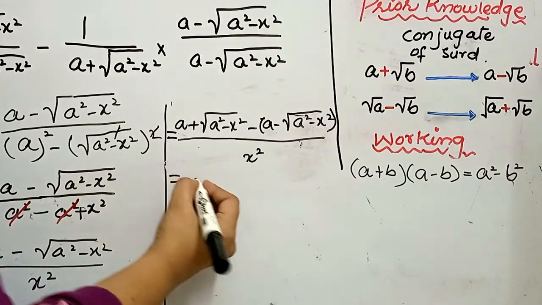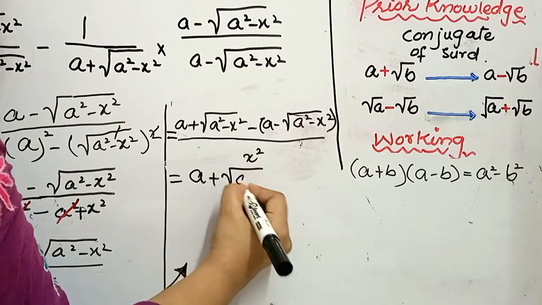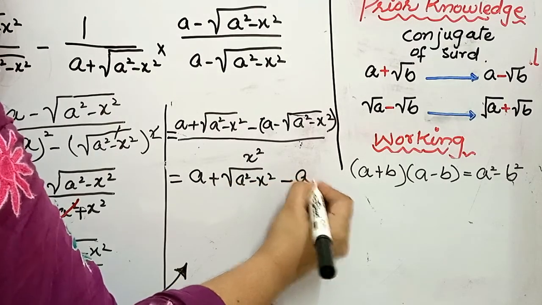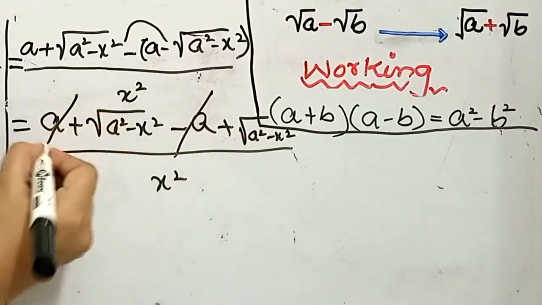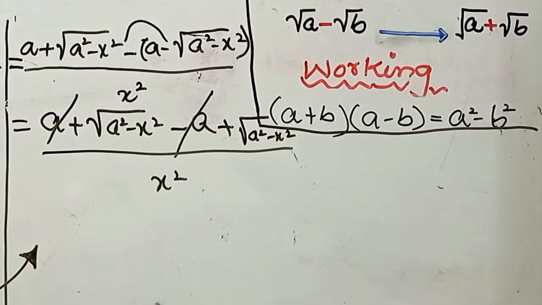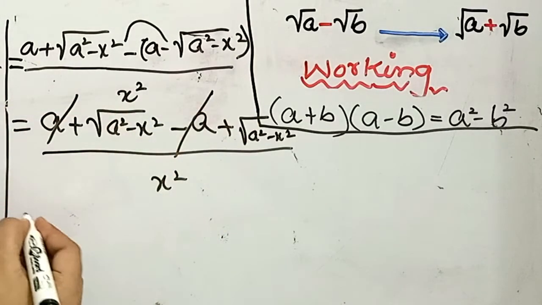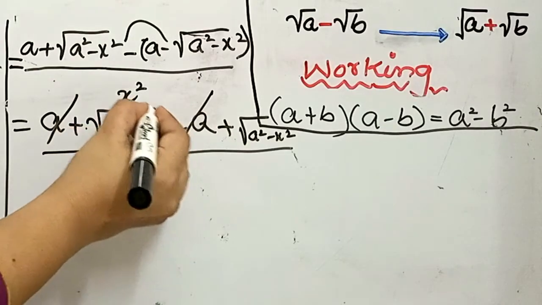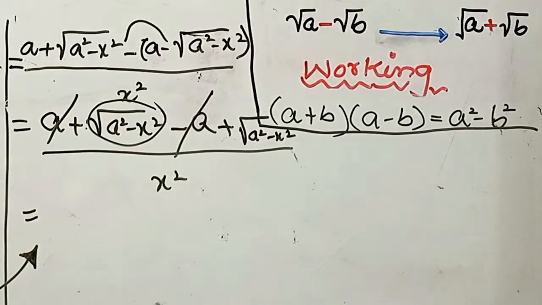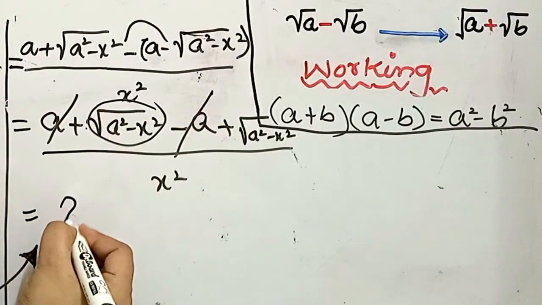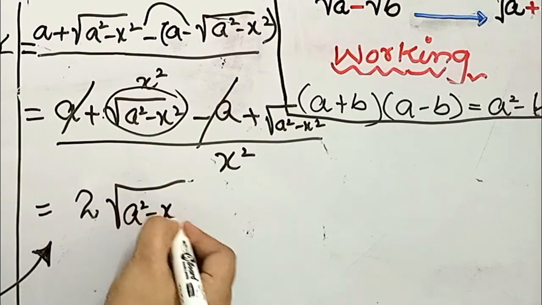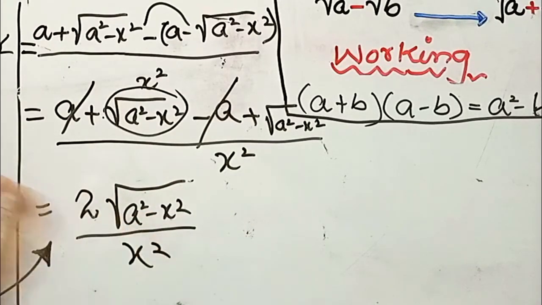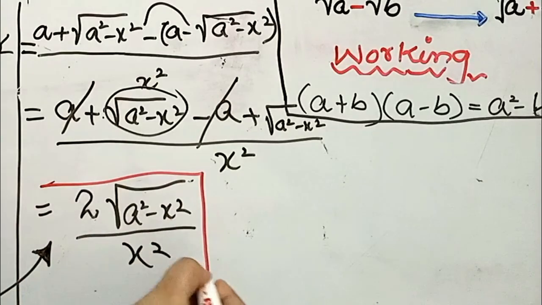When we open this bracket, minus a, minus minus plus, this will be cancelled. So we have 1. Consider this third term as one variable. There are two variables, so the coefficients are going to add. It will be 2 into a square minus x square by x square. And that is the required answer.